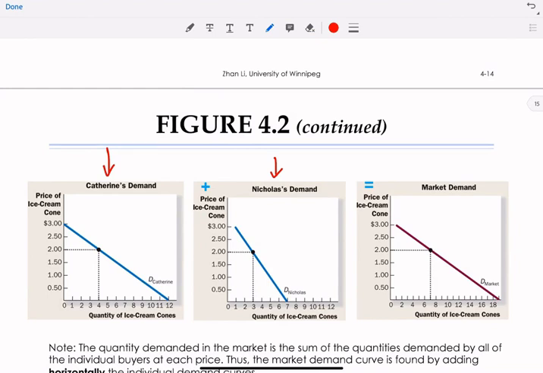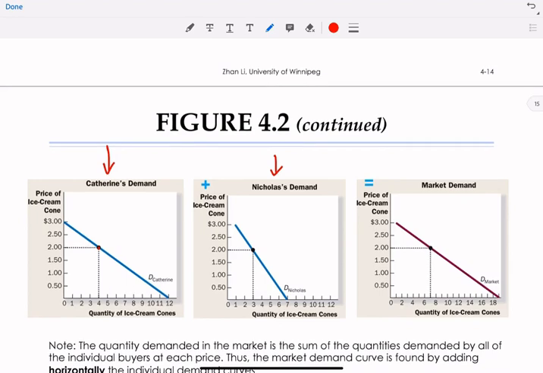Now, how do you get market demand? Well, let's look at the price of $2. At the price of $2, Catherine's quantity demanded is 4, and Nicholas's quantity demanded is 3.